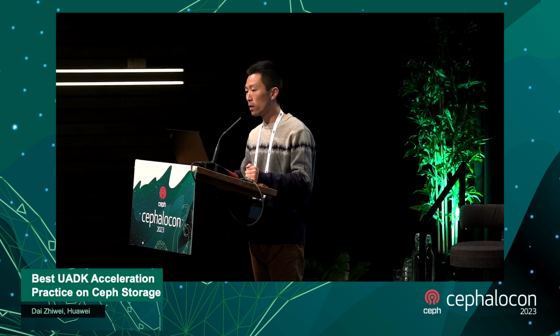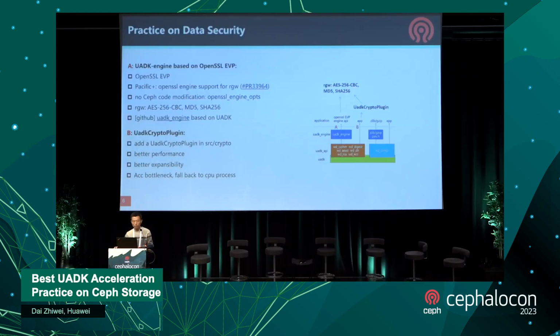So we have done offload practice on Ceph. The first one is about data security. We have two options. The first one is the UADK engine based on the OpenSSL EVP interface. After the Ceph Pacific version, the PR for OpenSSL engine support for RGW is merged.